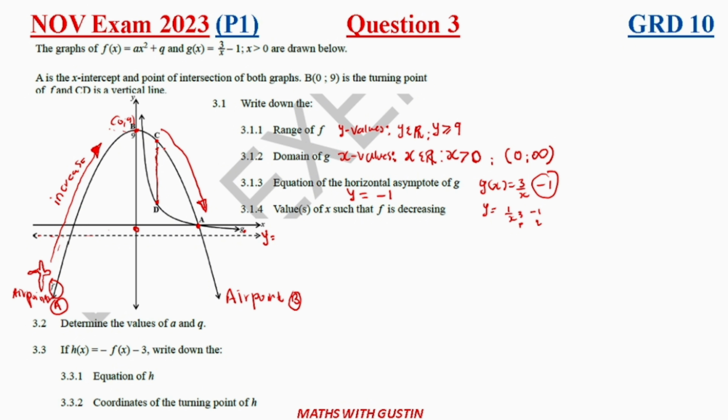So for which values of x is f of x decreasing? You can just see that when it's starting from 0 going all the way that side, this graph is decreasing. So you would say for the values of x for which x is greater than 0, this graph is decreasing.